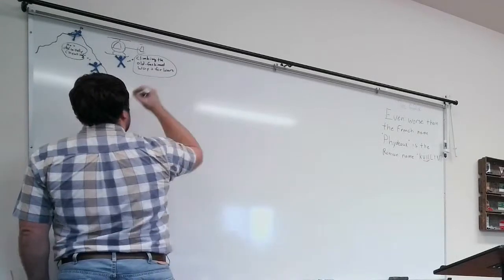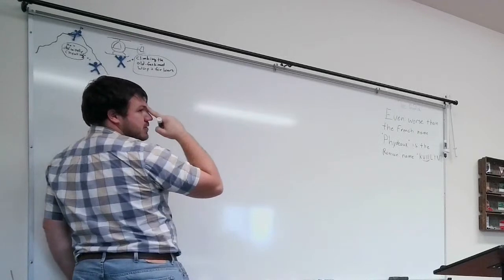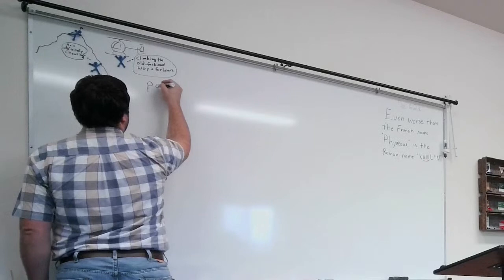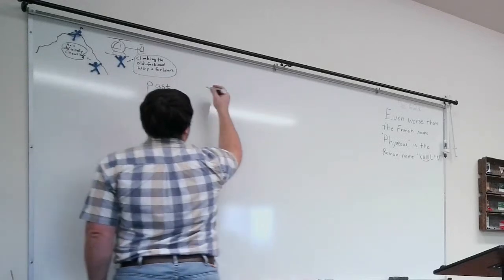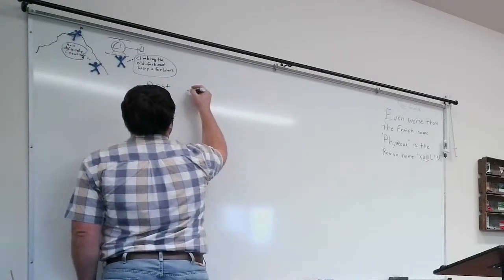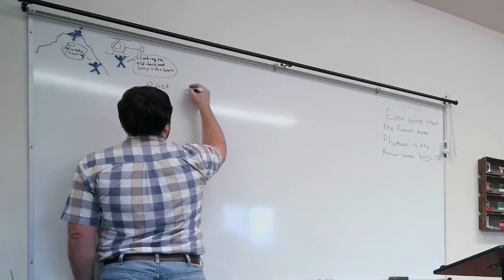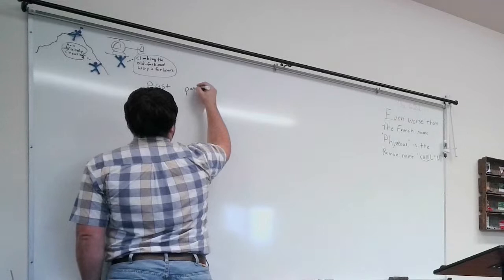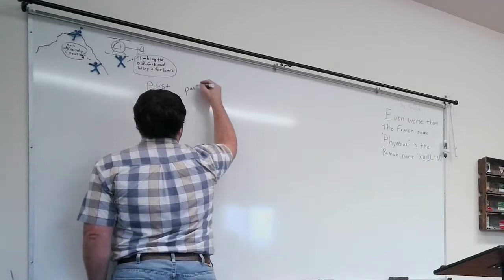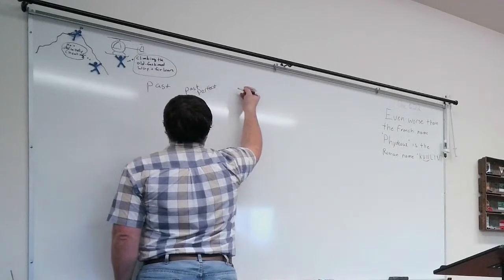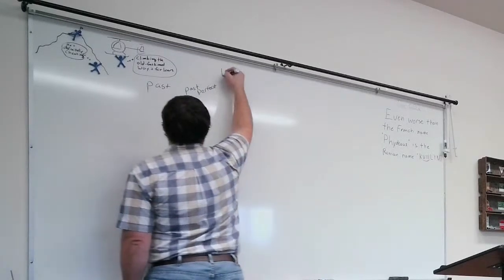Let's start with Leah. Verb tenses. Past. And Cody? Past perfect. That wasn't Cody, but we'll work with that. So what's the next one? These are the verb tenses, not the principal parts.